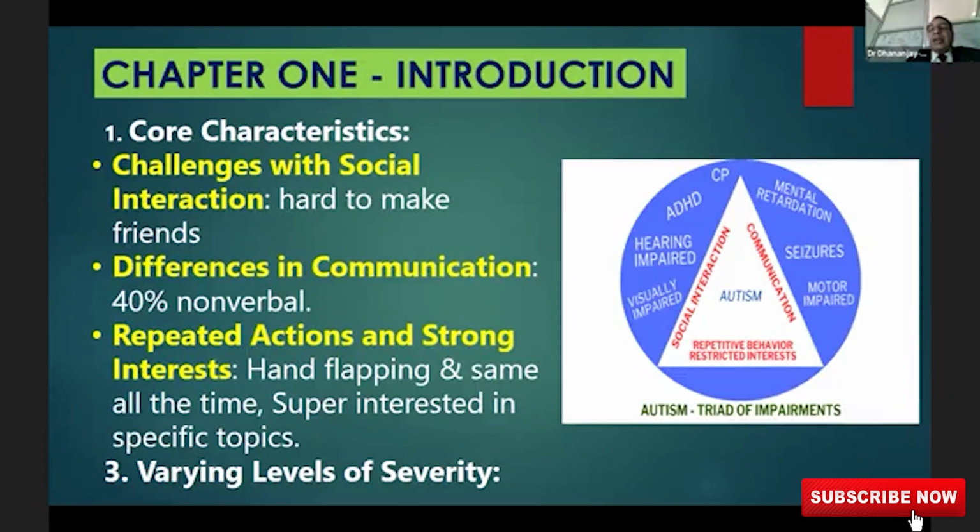And repetitive behavior and restricted interest, meaning the child has limited interest, like only hand flapping, or moving anything like a fan or light. 40% of children are non-verbal or cannot speak.